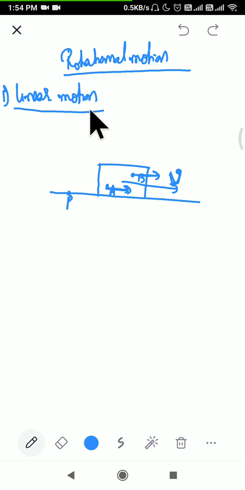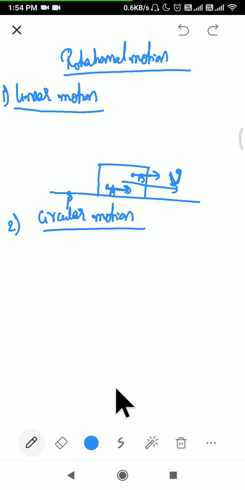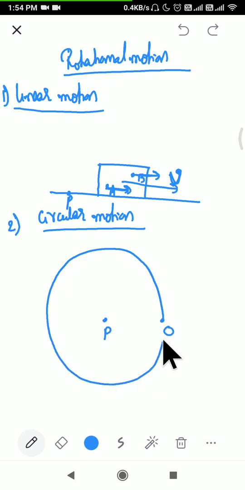Now let us understand what circular motion is. What is the definition here? For example, if there is an object O, and this is a point P, and the object O is moving in a circle of fixed radius around this point P, then this kind of motion is called circular motion.